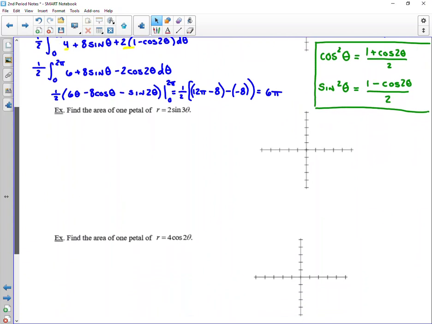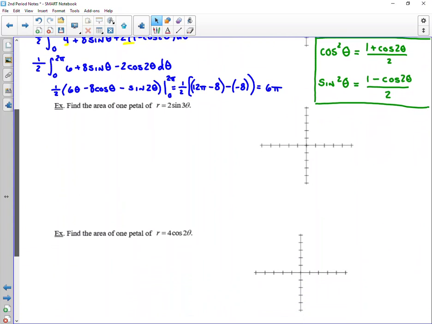Alright, now let's do petals. So, how do you graph roses? Well, since we want the area of one petal, then we should figure out where the petal is first, right?